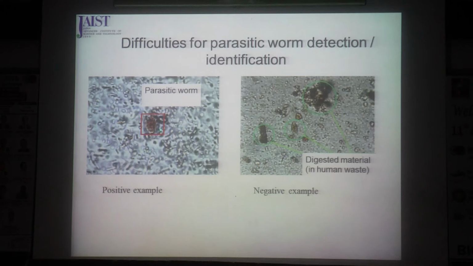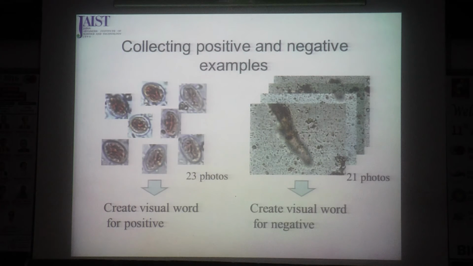This is a parasitic worm, but this is not a parasitic worm, yet visually it is similar to this. So the matter is how we can separate parasitic worms from outliers. The method we can use is to learn visual features from positive examples as well as negative examples like this.